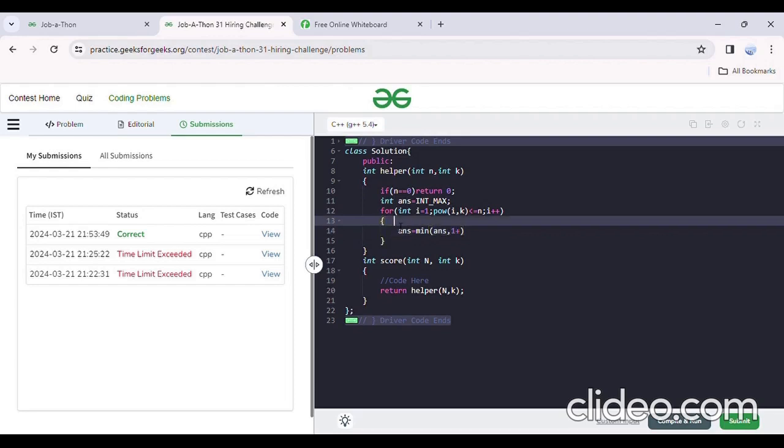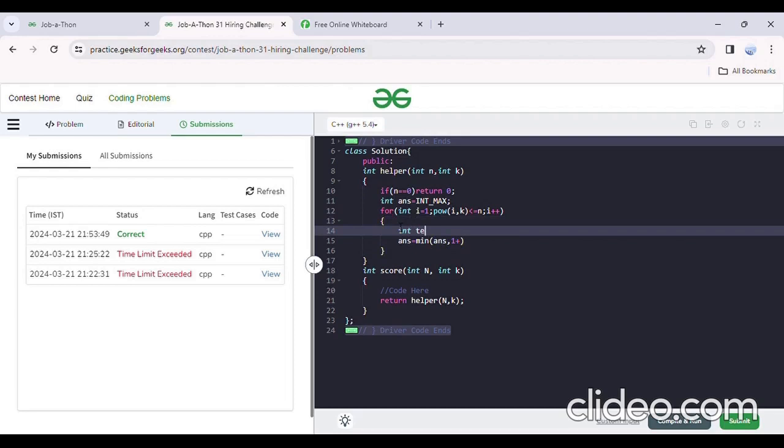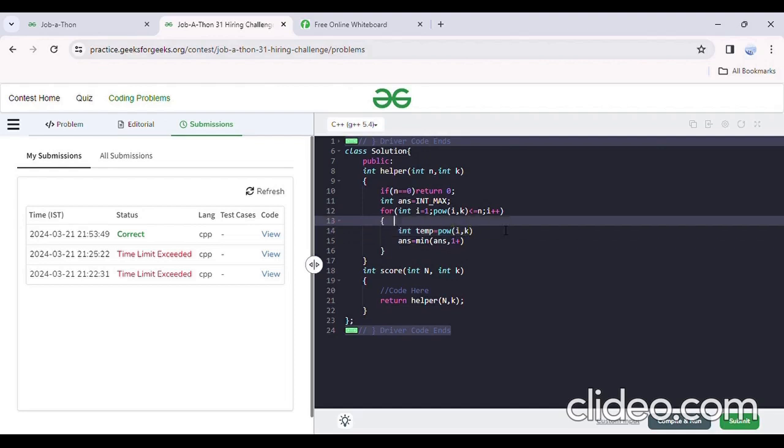To understand it more simply, I am using power of i comma k. Now I am passing helper of n minus temp comma k. In the place of n we are passing n minus temp, which is power of i comma k.